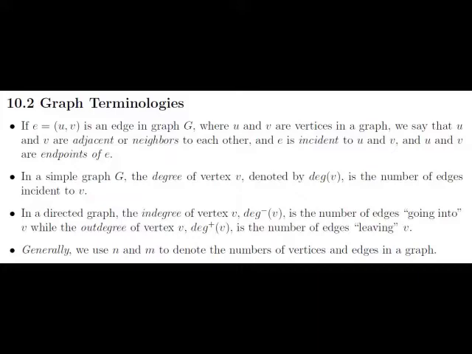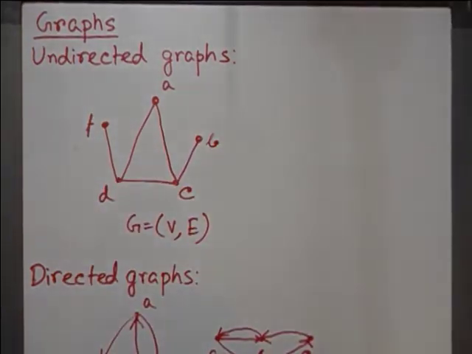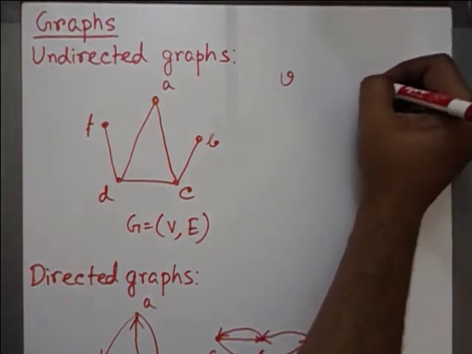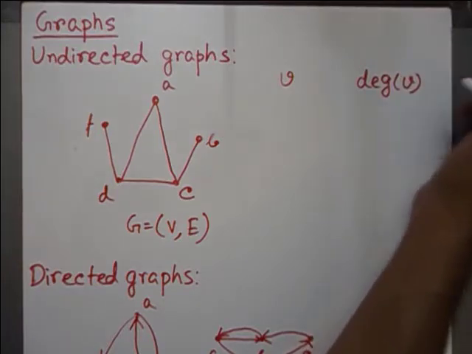Then, in a simple graph G, the degree of a vertex v is the number of edges incident to v. So, let's take the first undirected graph, for example. So, this is our graph. Let's try to find out the degree of these vertices. So, let's make a table: v and degree of v.